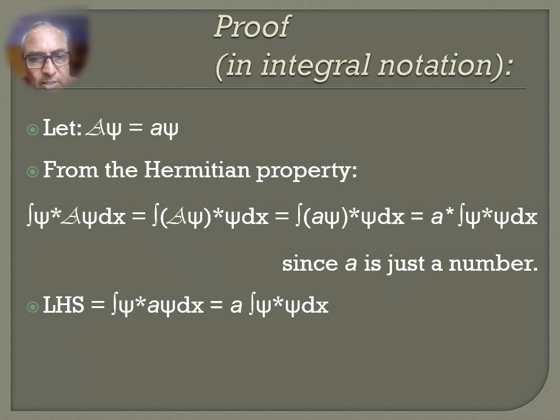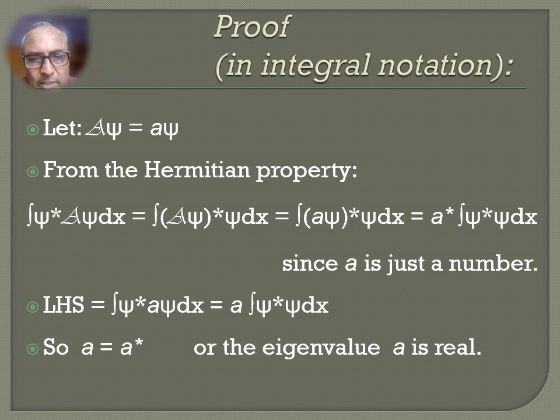The left hand side is equal to psi star small a psi dx, which is equal to a times the integral of psi star psi dx, since a is just a number. And so equating these, we see that a is equal to a star, or the eigenvalue is real.